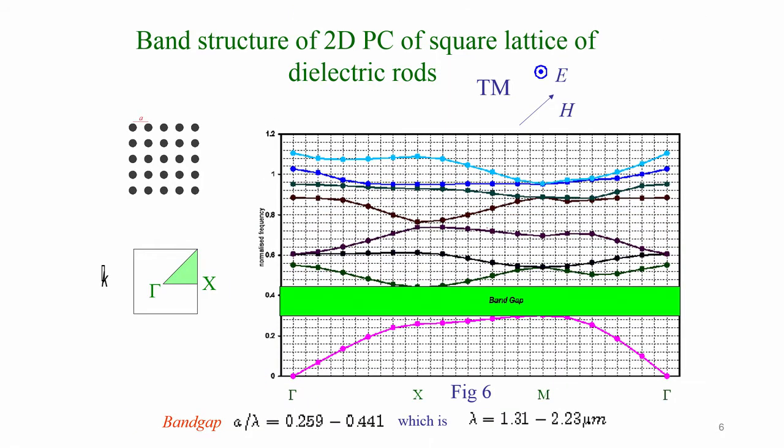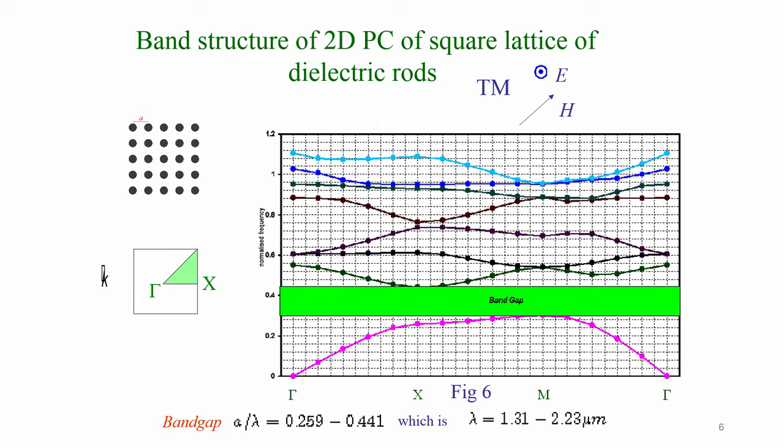So, as you know, like in electronic crystals, the direction matters most, and it is expressed in terms of the E-k diagrams, and in the different directions you express in terms of the unit cells.